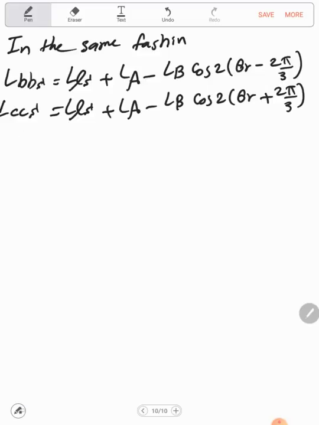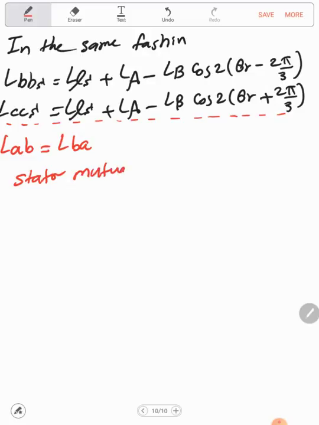Now let's calculate the mutual inductance. Let's say the LAB, which equals LBA. Simply, we are trying to find the stator mutual inductance, or simply the mutual inductance between the two phases of the stator.